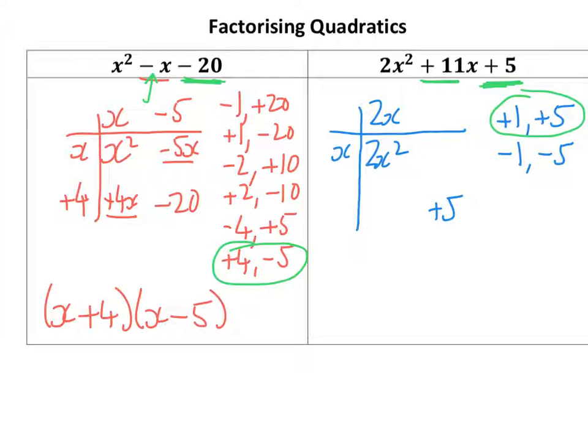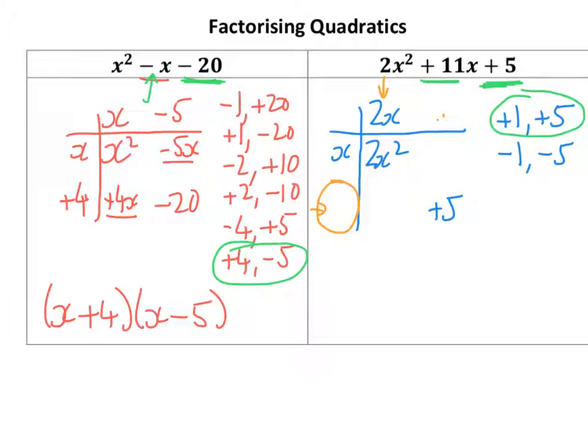Now, whatever goes in this bit here is going to be multiplied by 2, because it's got 2x times whatever this is. So I've got to be careful which way round I put the 1 and the 5. If I put the 5 up here, in the top right, that won't multiply by the 2. I want 11.